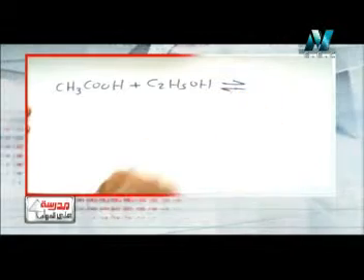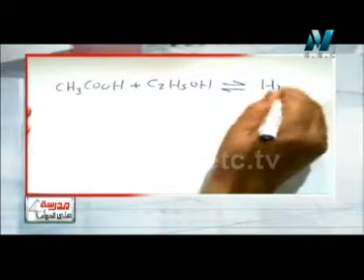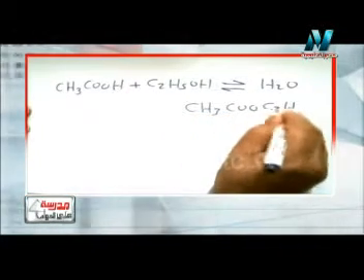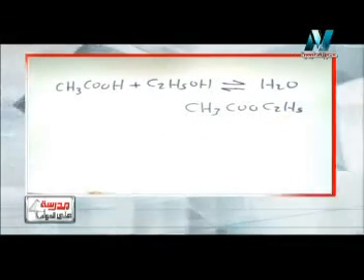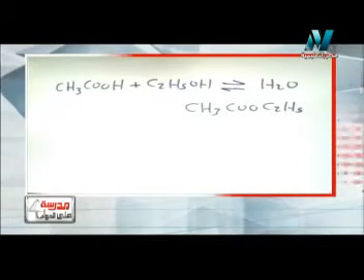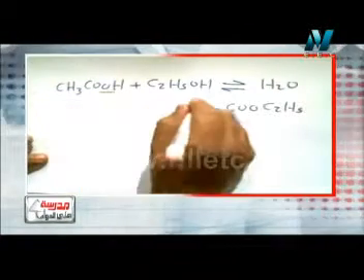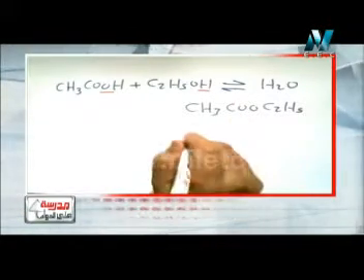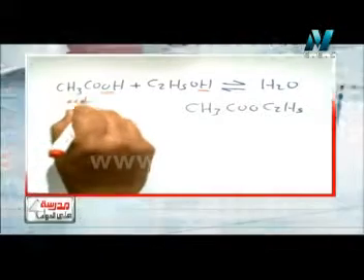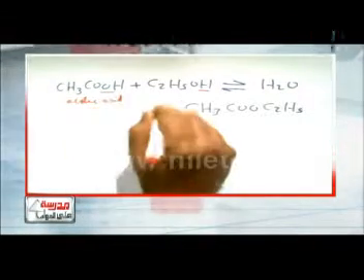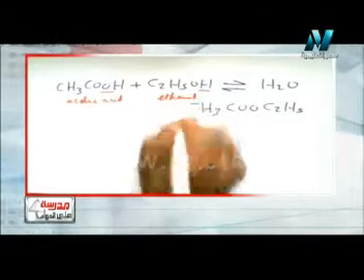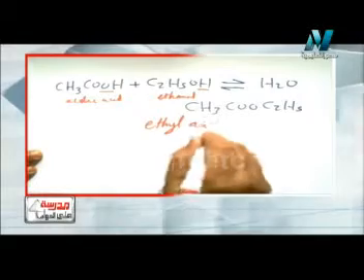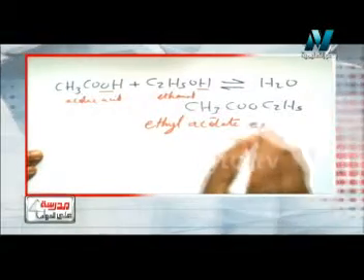It gives water plus ester, CH3COOC2H5. In ester formation, we know that OH from the acid combines with H from the alcohol to form ester plus water. This is acetic acid, and this is ethanol or ethyl alcohol. It gives ethyl acetate ester.